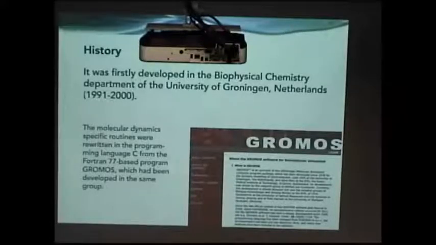The two groups developed it. GROMACS started in the same group, and from then on this group split up and the software was developed independently. By the way, GROMACS is still a very important software used exclusively for biomolecular systems.